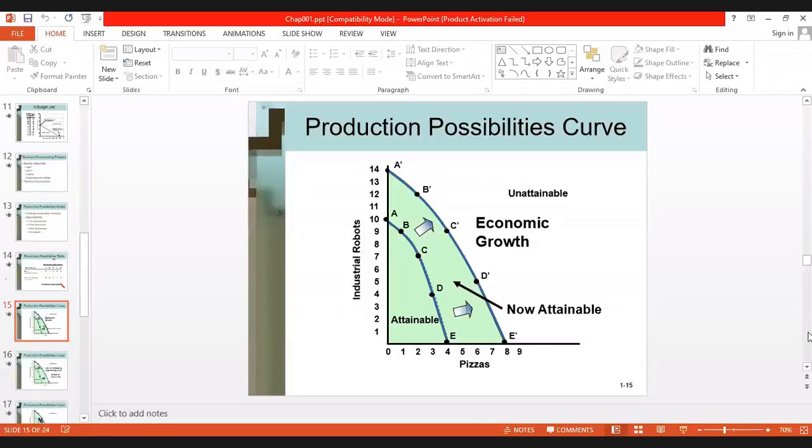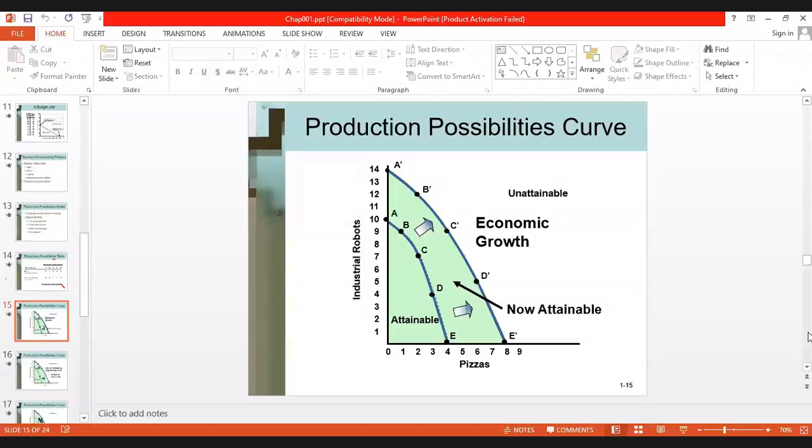That is why, when producing one commodity more and more, you have to give up the other commodity more and more. You are losing more and more. Then the opportunity cost is increasing.